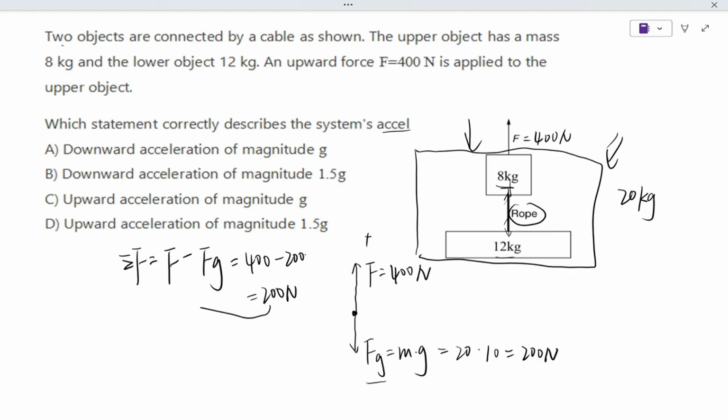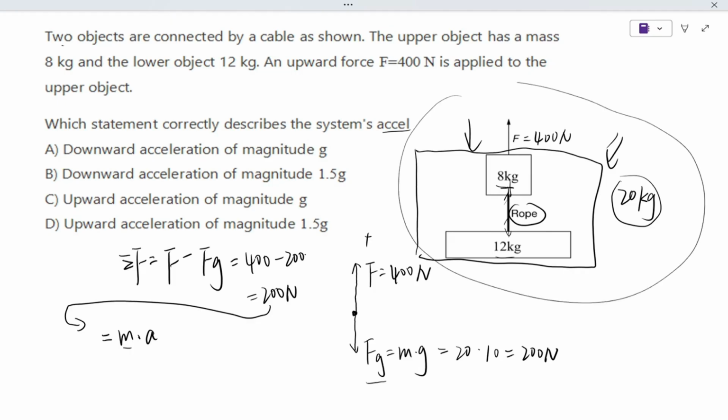And this 200 newtons is equal to m times a. Now, m is the mass for the system, which is 20 kilograms, because we're analyzing the net force for the entire system over here. So the mass is the mass for the entire system, which is 20.